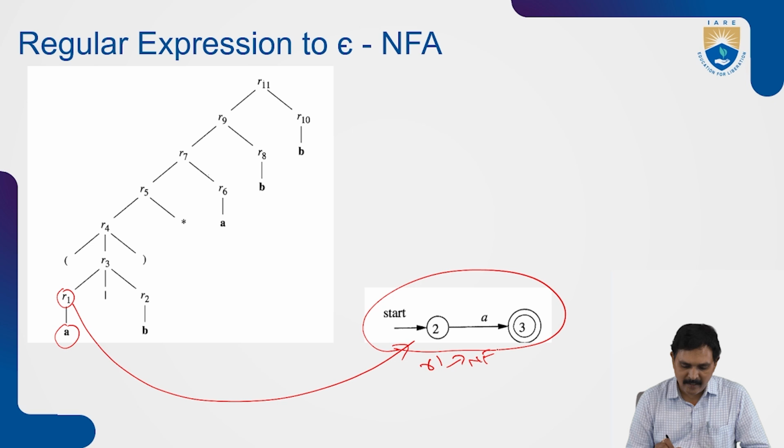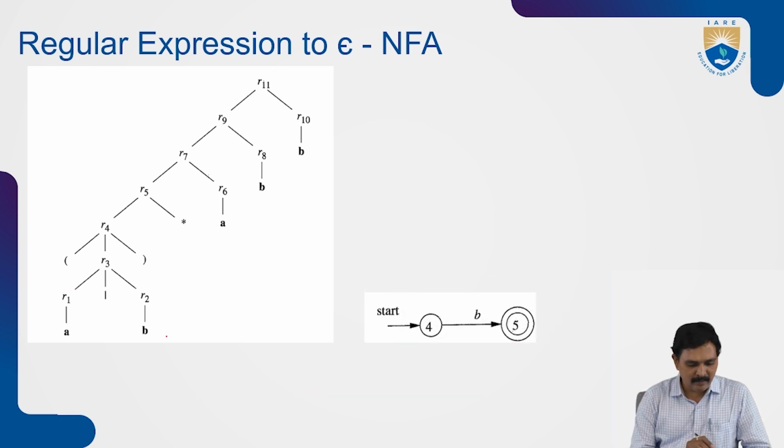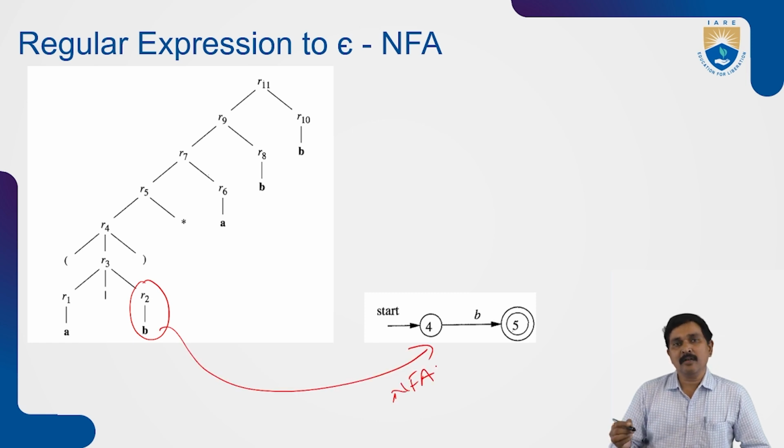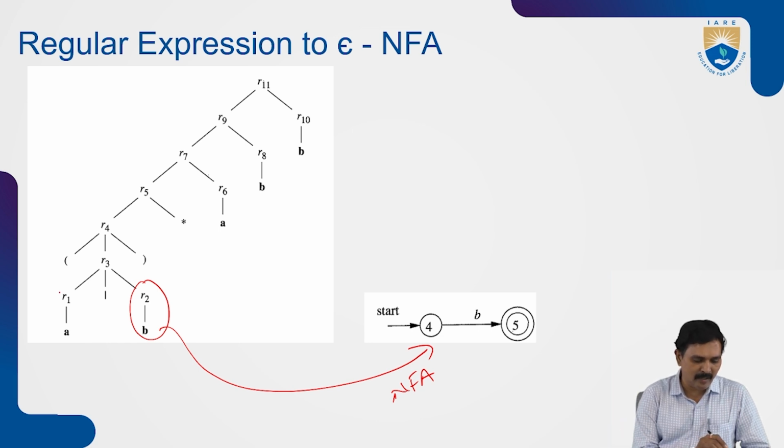Next we check the second one. You want to give the NFA diagram for individual regular expressions. You cannot find the NFA in a single step for the entire regular expression. First you solve this R1 regular expression, which is done in the previous slide. Now you go for R2.